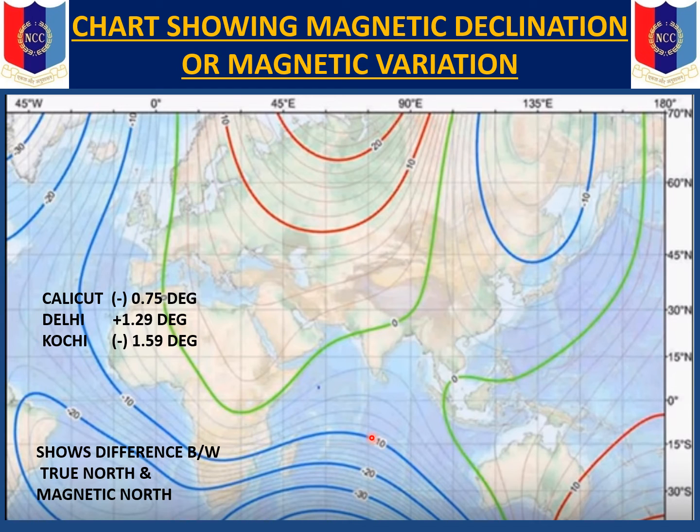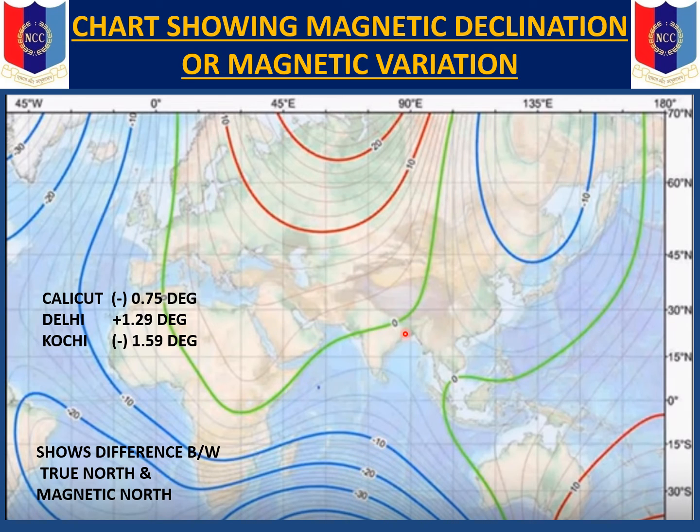For example, the zero line shown by this green line passing towards the central India, and towards up north, if you see, it is going in the positive direction, plus 10, plus 20, and if you go down towards south, the variations are negative, minus 10, minus 20, minus 30.